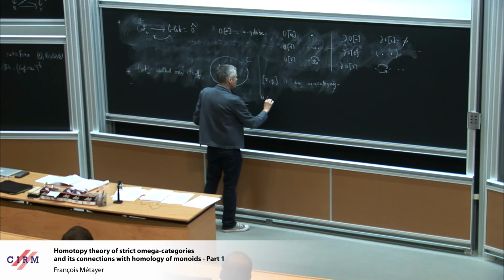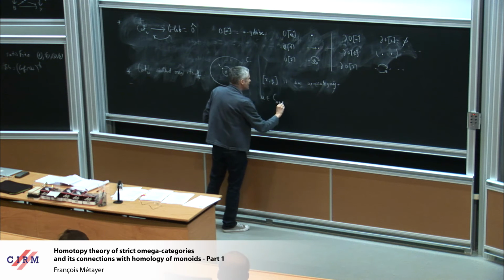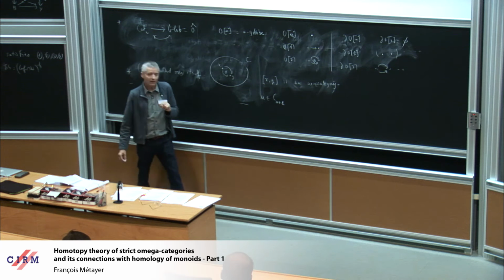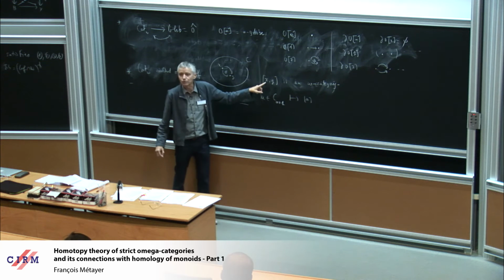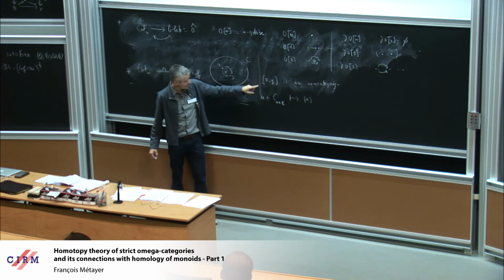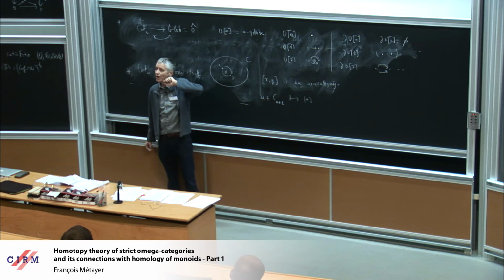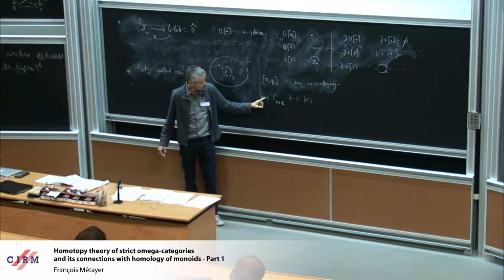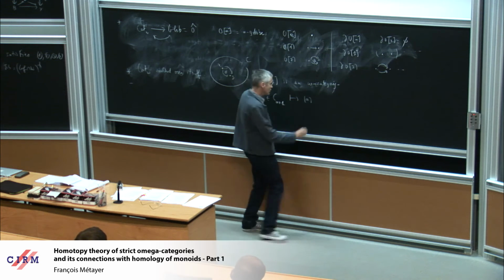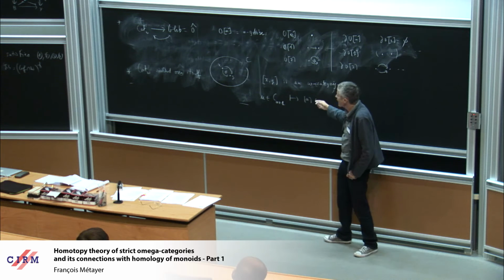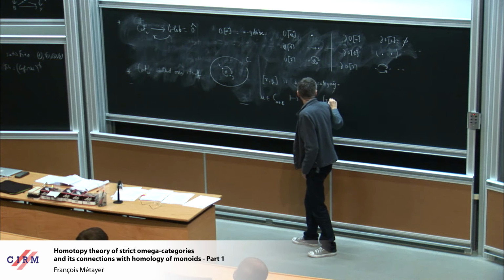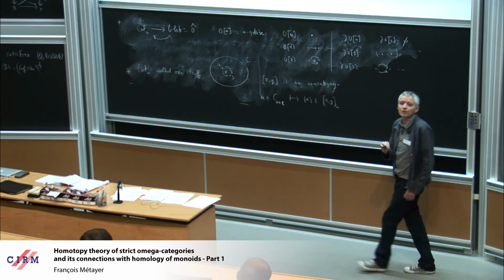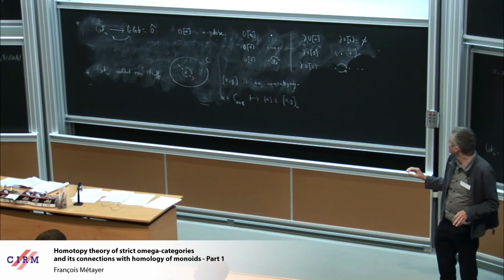If I take a certain n+1 cell U in C, and of course with appropriate source and target here, that is the zero source is X, the zero target is Y, then you can associate to U the bracket of U, which is an n cell in this category. So it belongs to the Hom set of X, Y, in dimension n, if you want. So this operation will be.